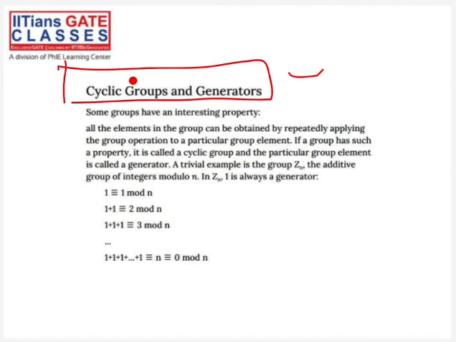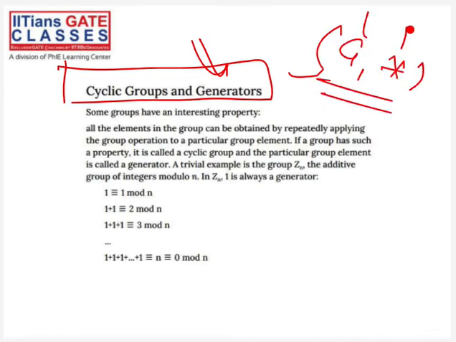If I give you a structure, with a base set and an operation, and it has some element G which can generate all the elements, then we say that this structure has a generator.